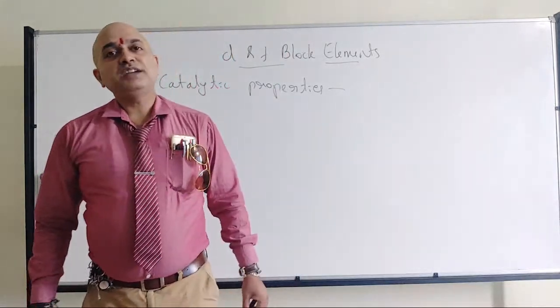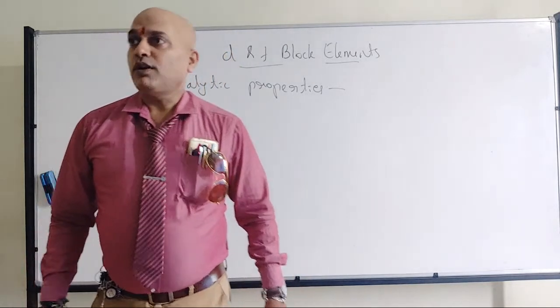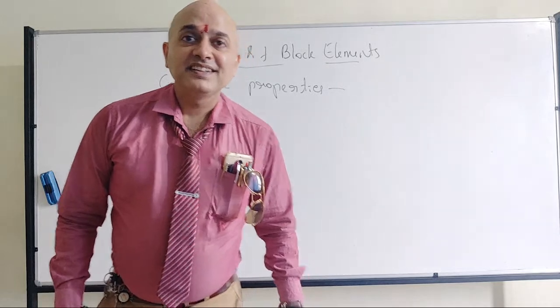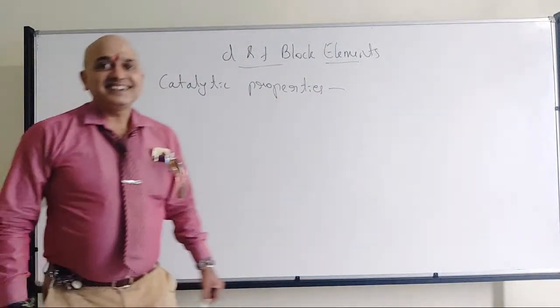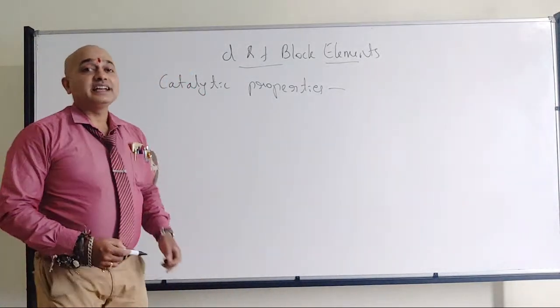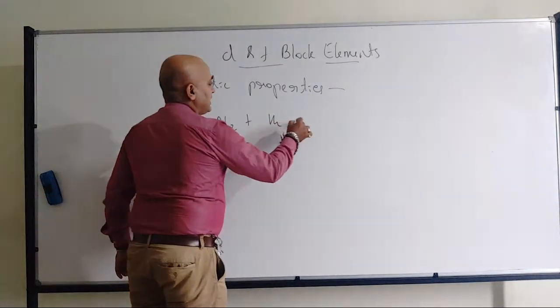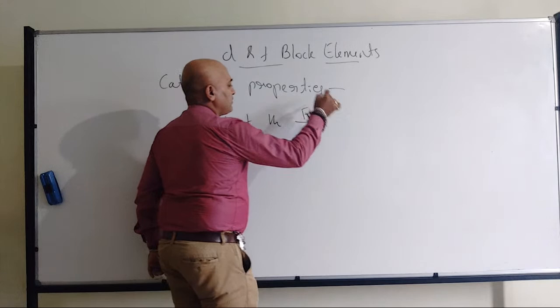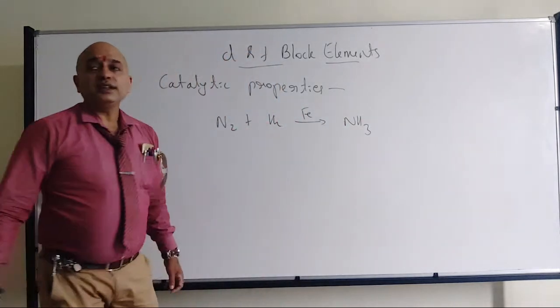Many reactions we have discussed. If I tell you, you will feel very bad. It is Haber's process, a simple example, where nitrogen and hydrogen in the presence of iron powder get converted into ammonia.